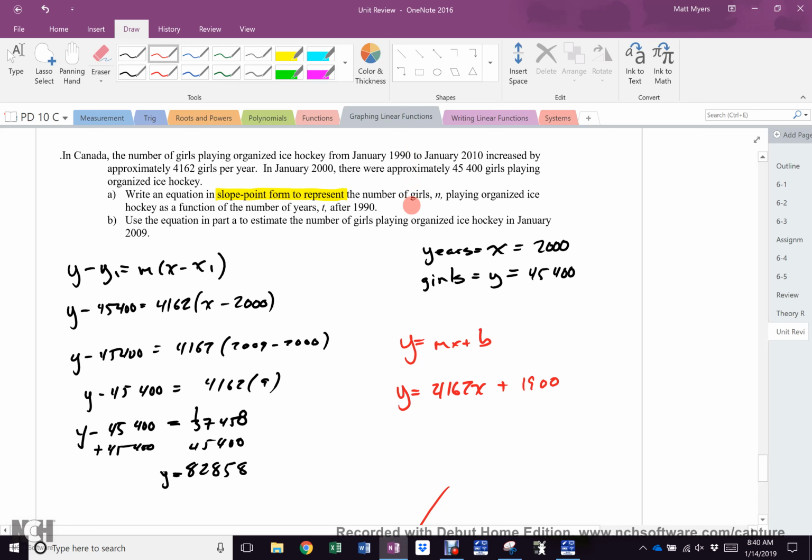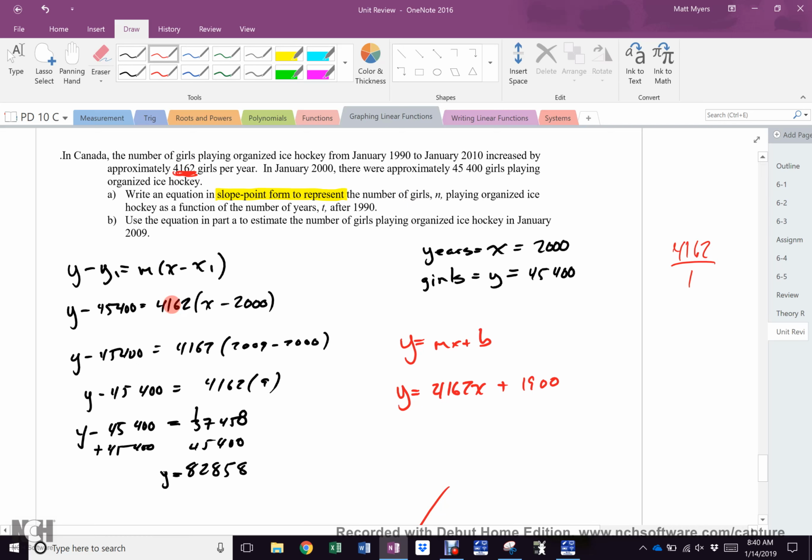So obviously the X is the time and the girls are the Y. But Mr. Myers, we don't know the slope, but you do know the slope because slope is rate of change. And the question tells us that 4,162 girls per year, so 4,162 over 1, because when we go over 1 on the years, we go up 4,162 girls.